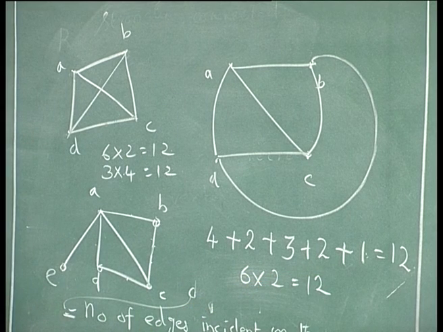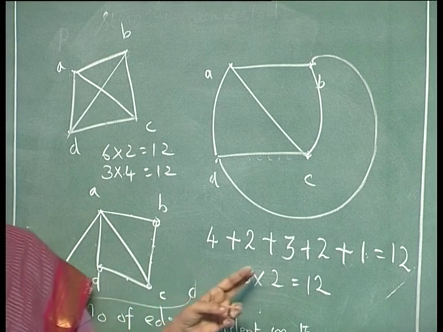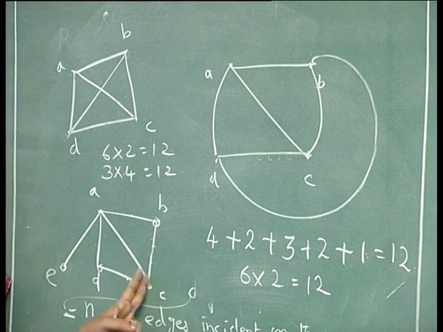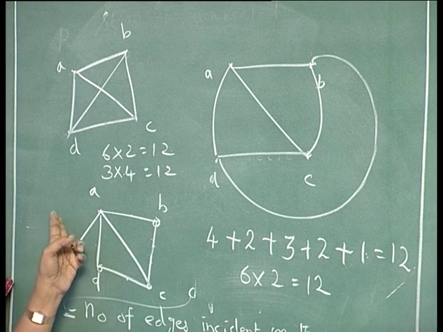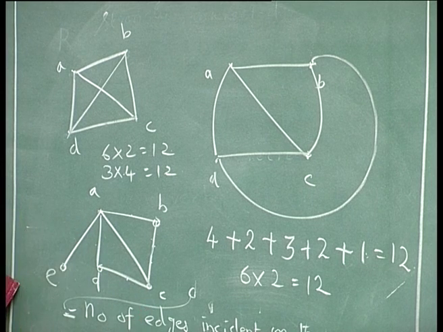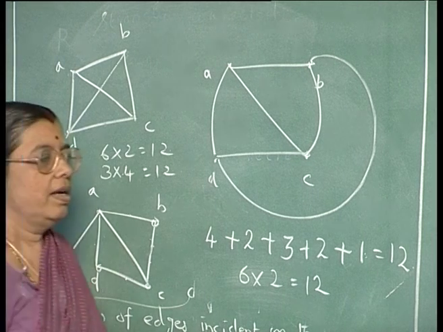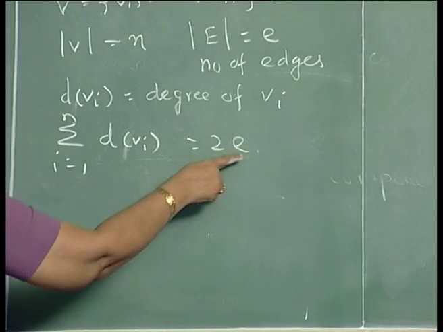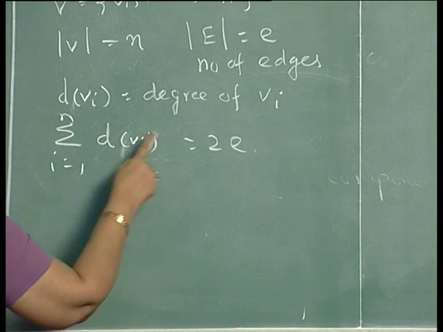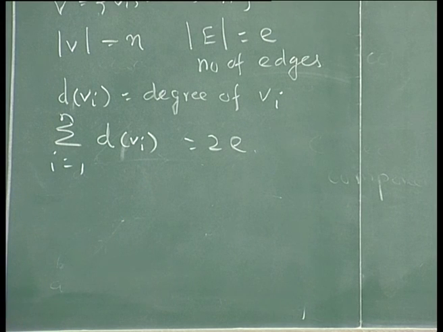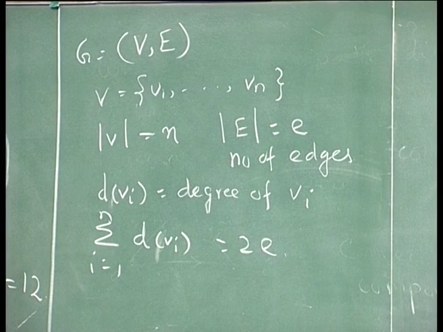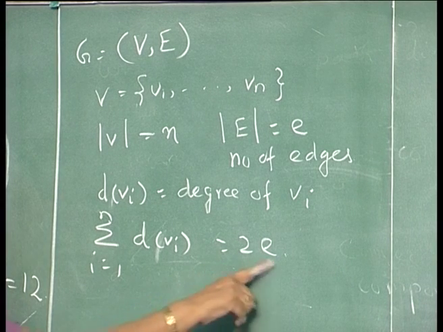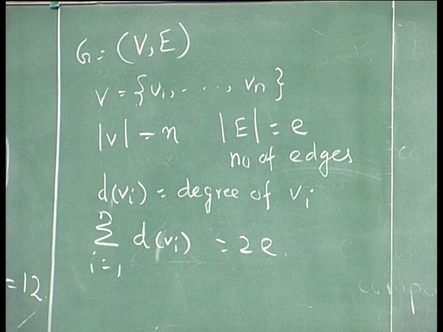Why? Because each edge is incident on 2 vertices. So, each edge will contribute to the degree of 2 vertices. When you calculate like that, there are E edges, each edge will contribute to the degree of 2 vertices. So, the sum of the degree of the vertices will be 2E. This is a very simple result about graphs.